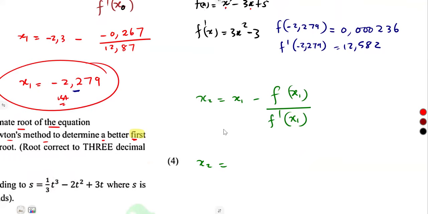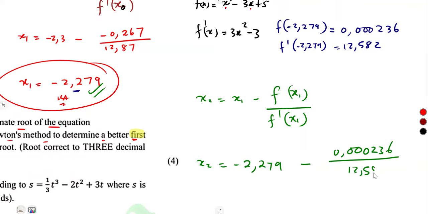X1, as it is here, negative 2.279 minus f of x, which is 0.000236, over f prime, this derivative, 12.582. That was going to give us the same value as previously, minus 2.279 to 3 decimal places.